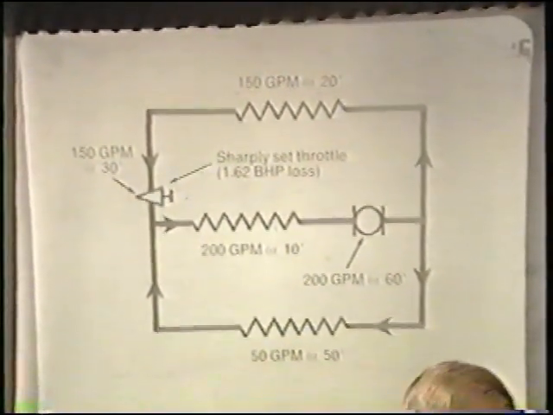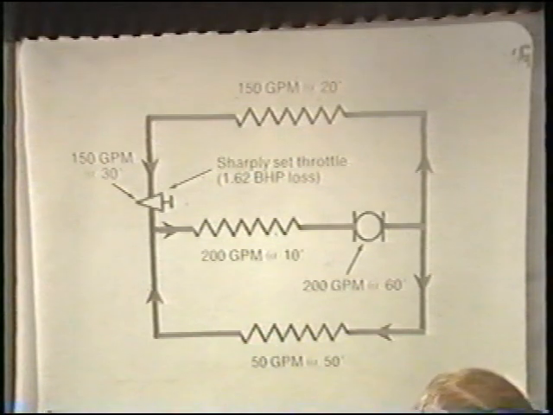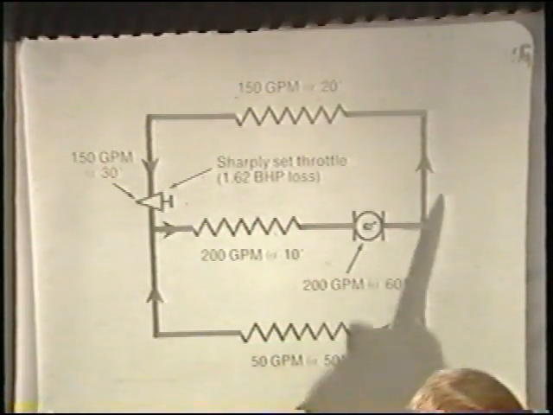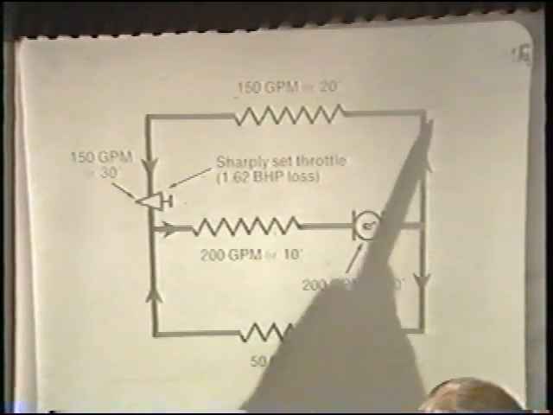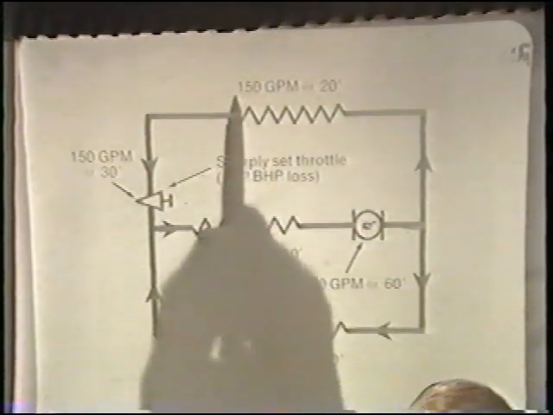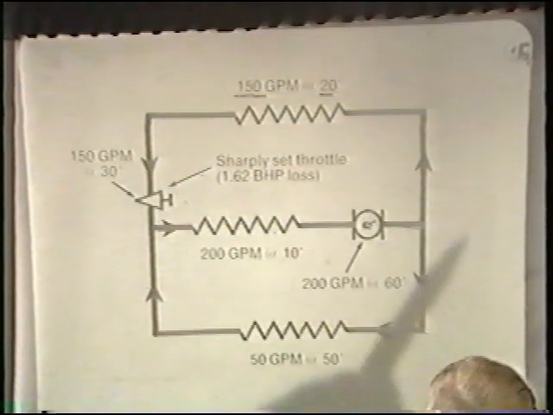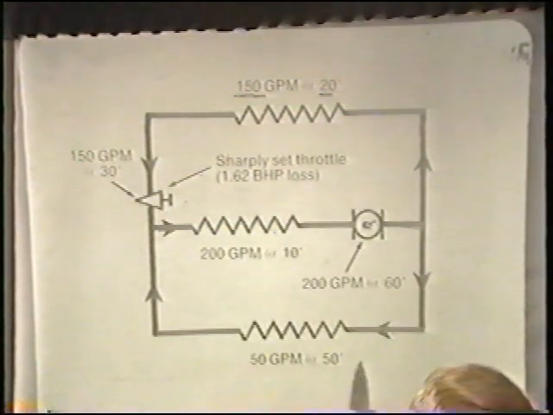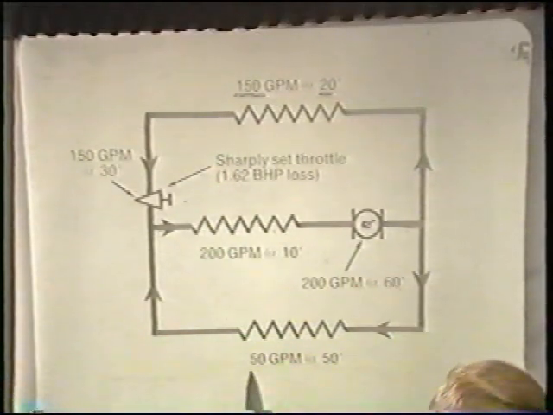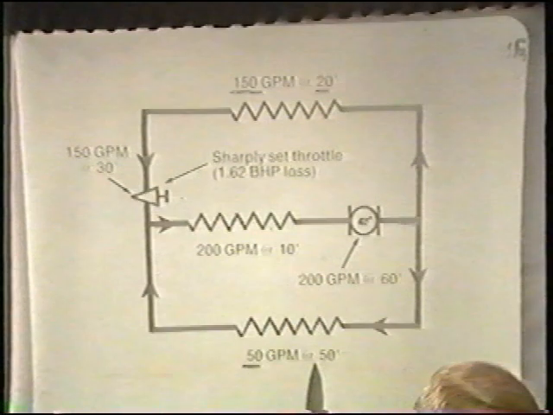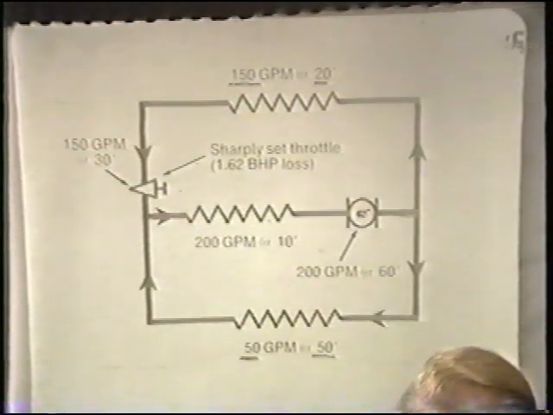And this very simple illustration describes a single pump used to flow water through one circuit which has a high flow rate need but a relatively low head loss need. The second circuit has a relatively low flow rate need but a high head loss need.